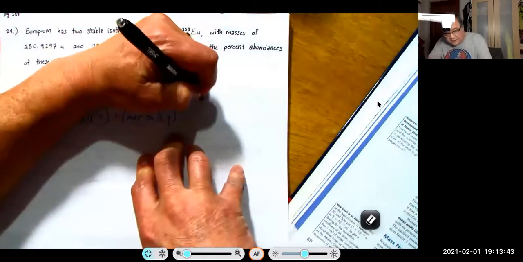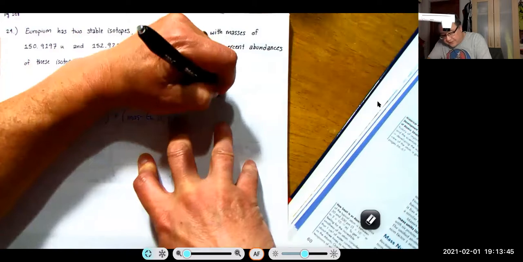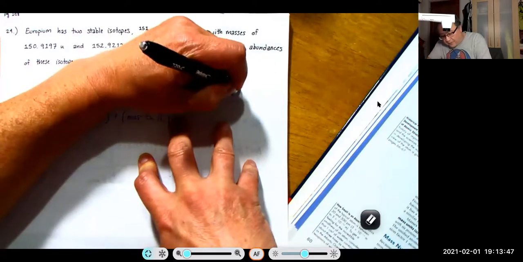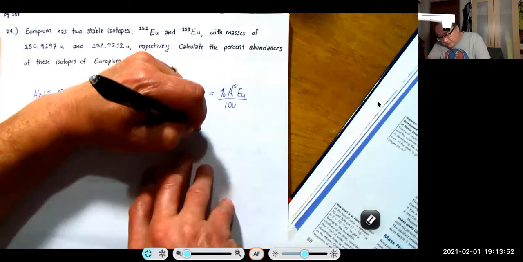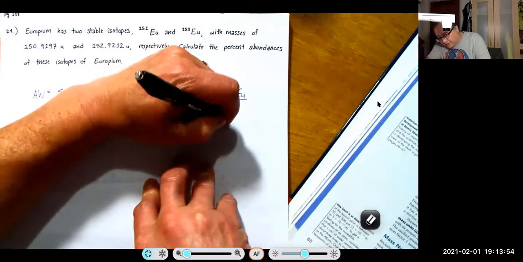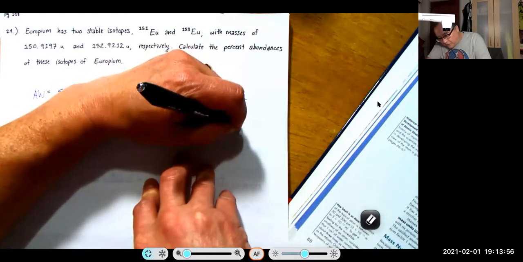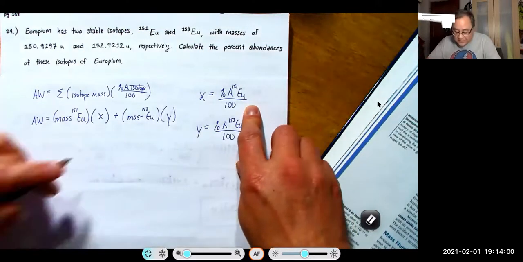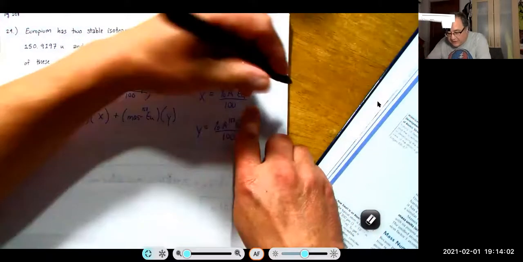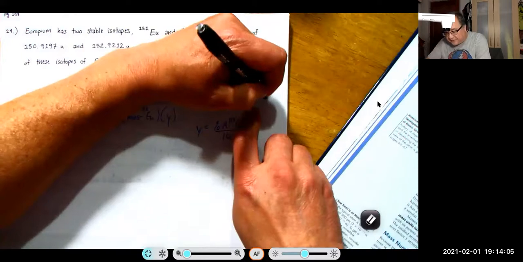So X is equal to the percent abundance of europium 151 over 100, and Y is equal to the percent abundance of europium 153 over 100. Now we have a name for this where you take this divided by that, and it's called the fractional abundance.